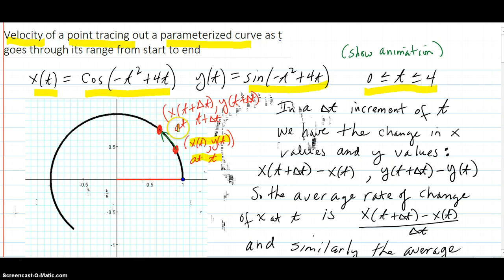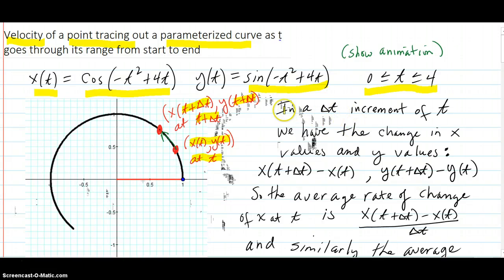Then as you move an increment of delta t to the next point, (x of t plus delta t, y of t plus delta t), at the moment t plus delta t, then you have a change.